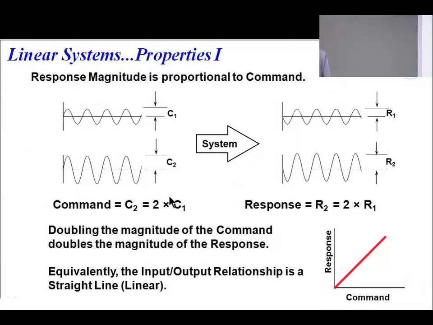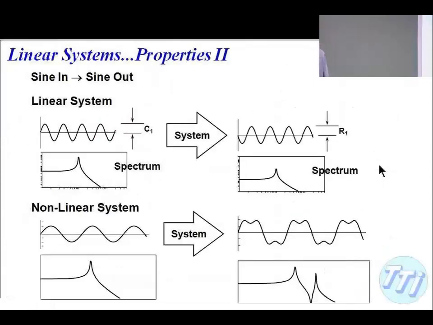So the basic idea of linearity is that if I put in a command, I get a response that looks like this. If I double the command, I get a response that's twice as big. And the other important thing is that for a linear system, if I put in a sine wave, I get a sine wave back out.